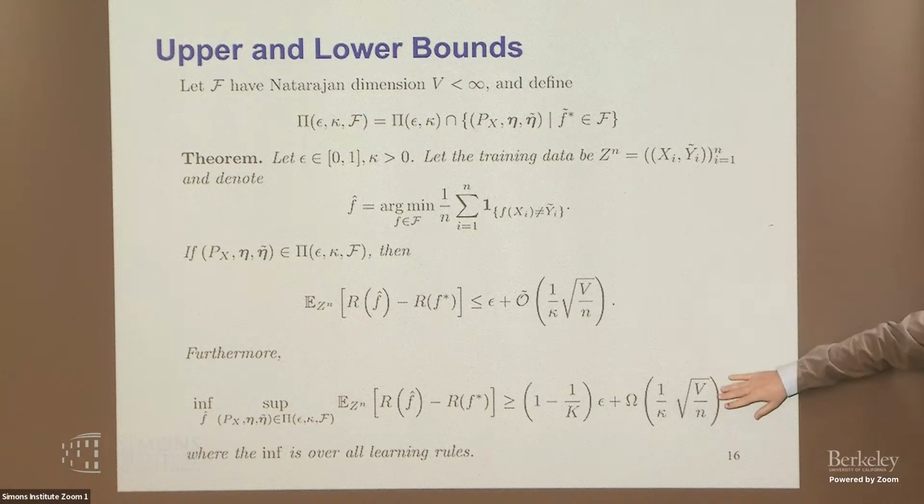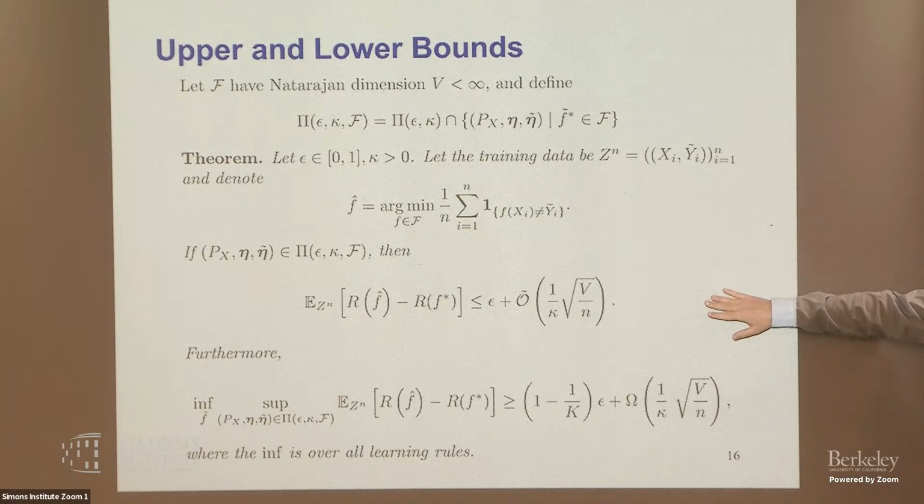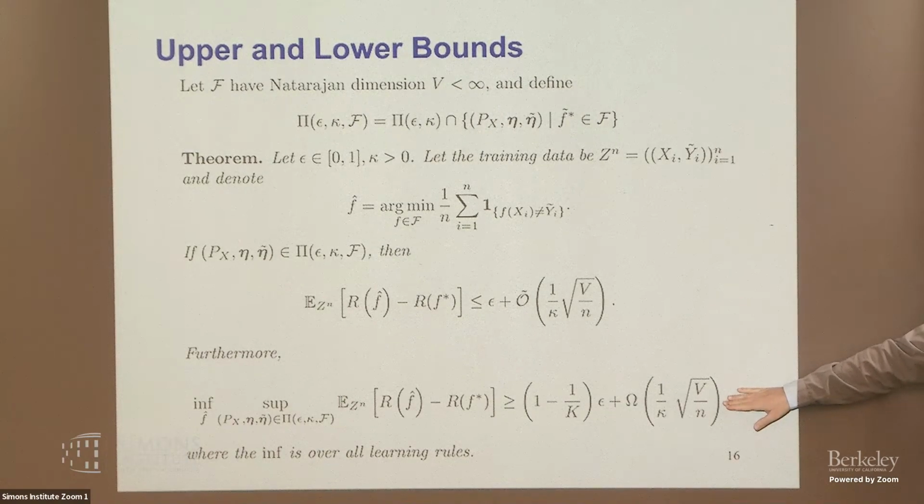And so you can compare the two, and you see that ERM, just ignorant of the noise, just ERM on the noisy data, comes very close to this lower bound. So they're nearly matching. This is the end of the theoretical story that I'm going to tell. You can think of this as an example theorem.